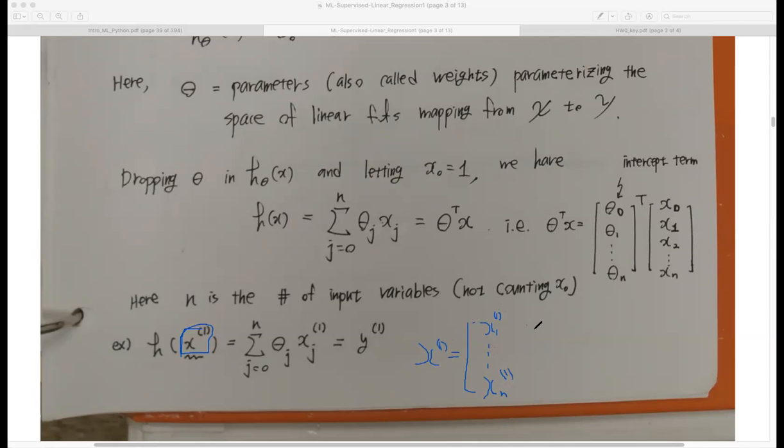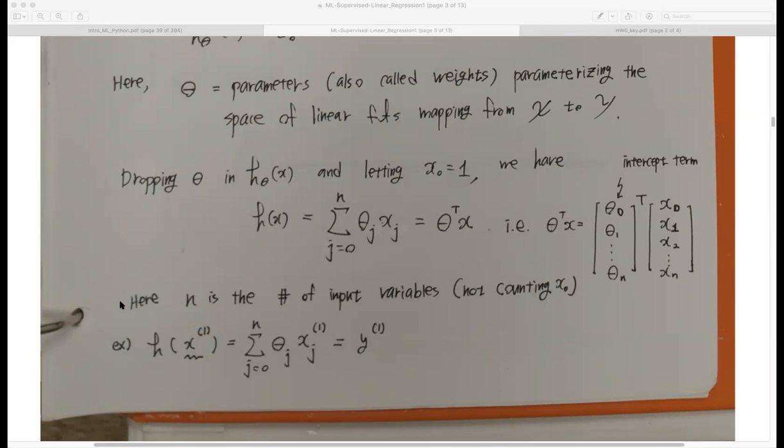This input variable x superscript one has n features. You need to be familiar with these notations, otherwise you're going to get confused a lot.